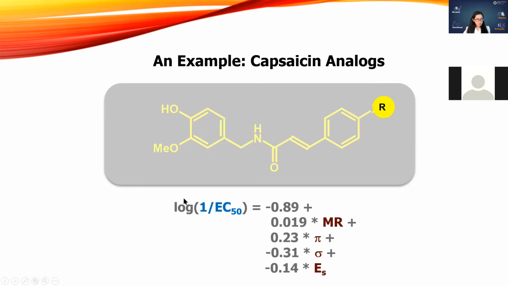So if we get an equation like this, we can design a better molecule, such as we decide whether the ring should have a bigger size or should have certain electronic properties. So that's the concept of descriptors.